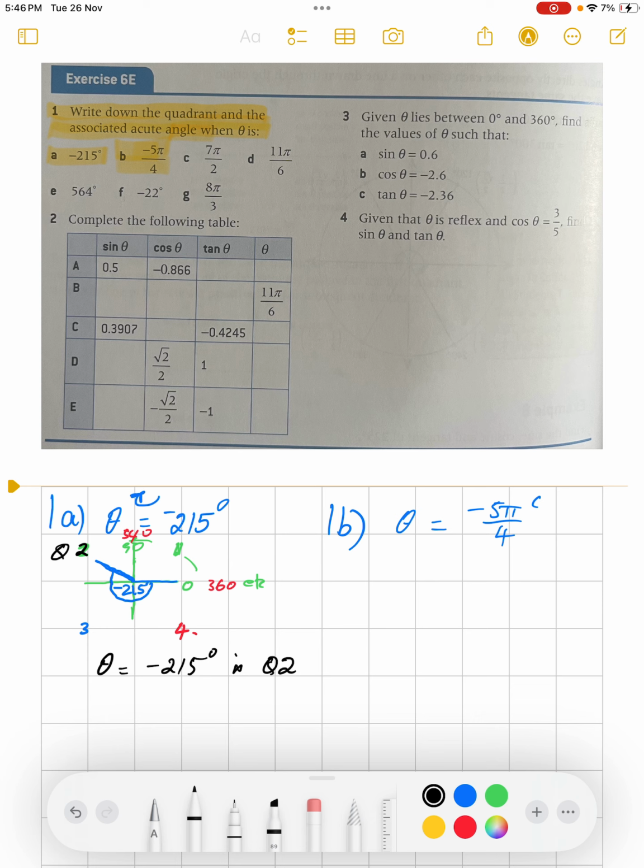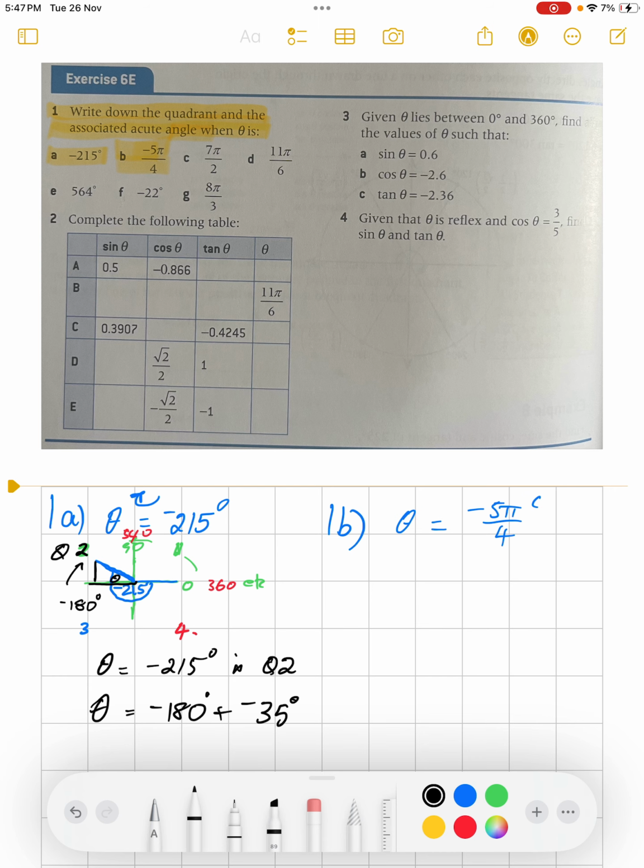And what is the acute angle for theta? Now, the acute angle is the angle that it makes to the x-axis, and this is the acute angle in here. So you can see we went negative 180 degrees, and then we went another negative 35 degrees.